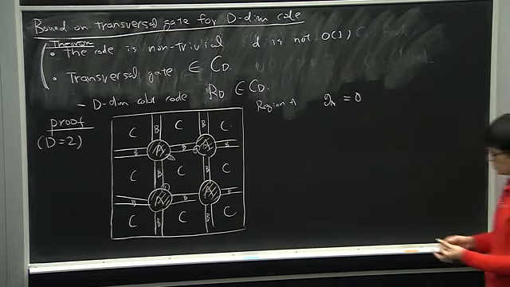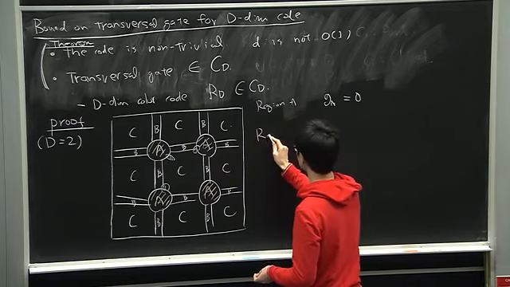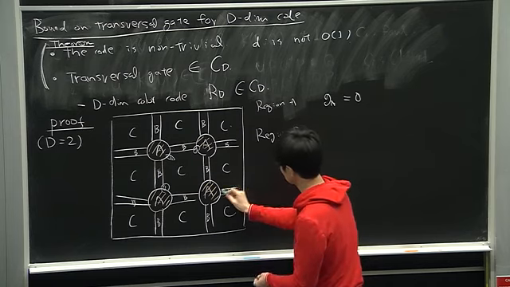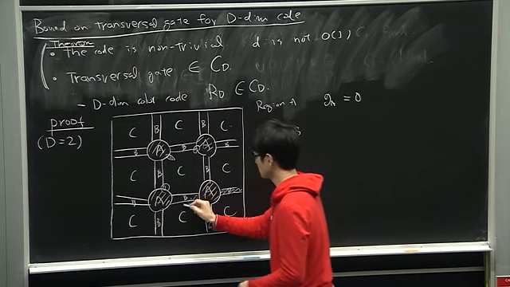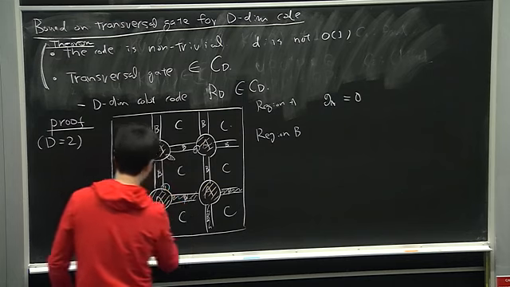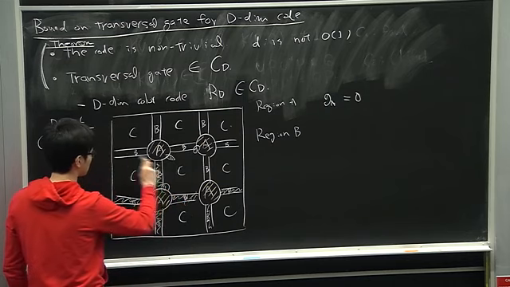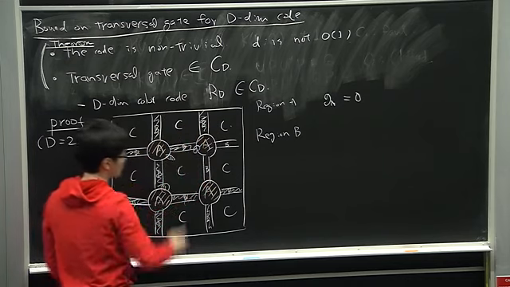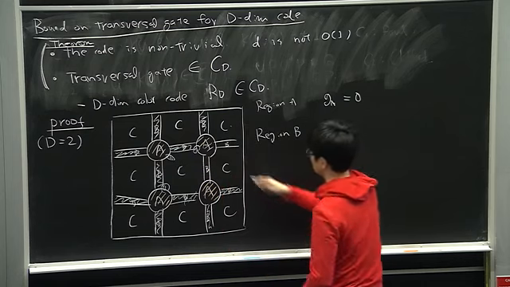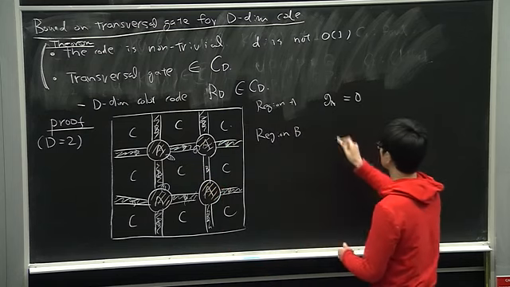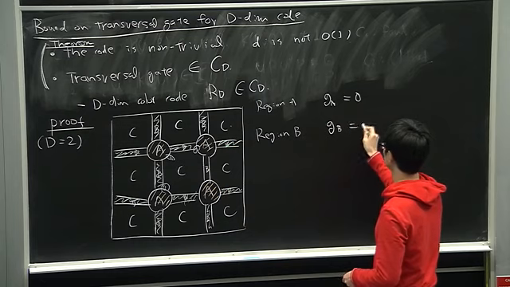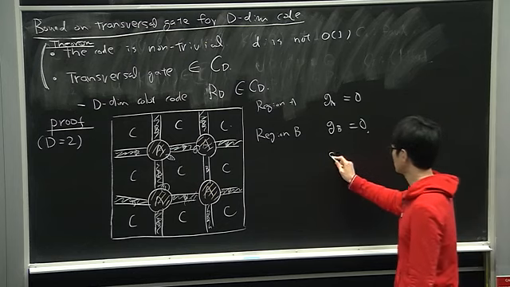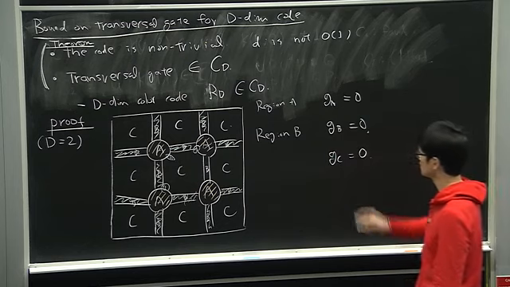But then now let's look at regions B. Then again, region B is a collection of disconnected pieces. So again, I can say that ZB is equal to 0. And then finally, ZC is also equal to 0.